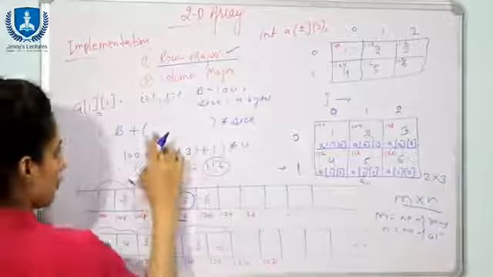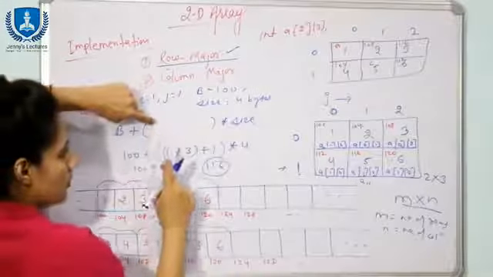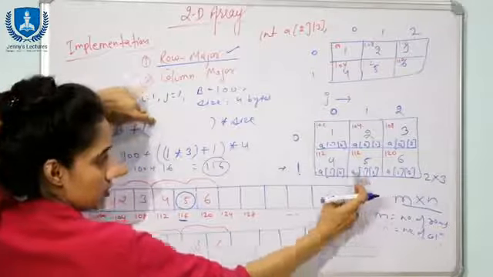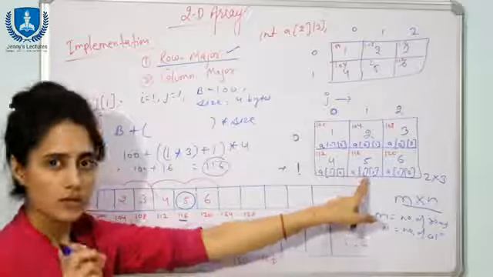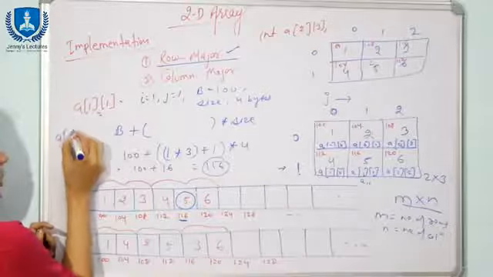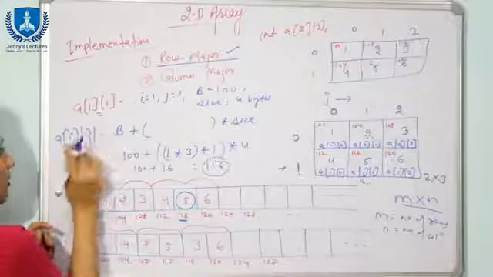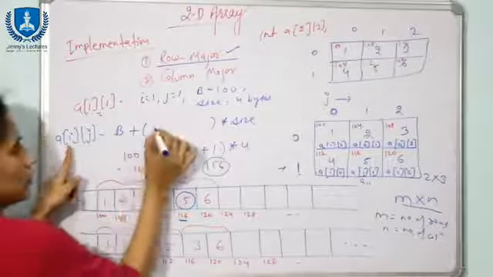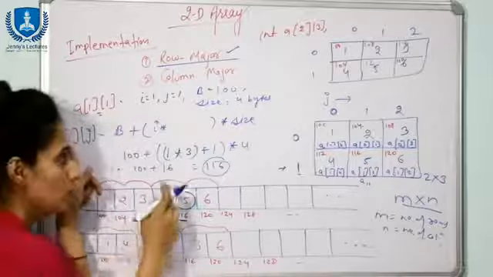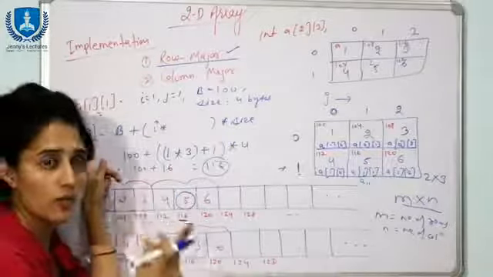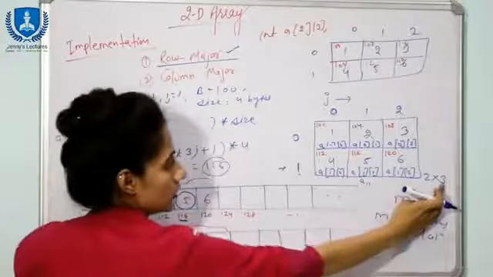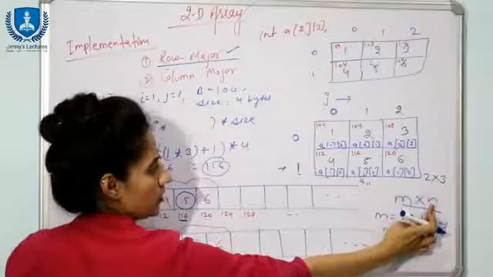You want to access the element A of i and j. First of all you write i into the number of columns. Here we have taken 3 columns; in general I am taking n.